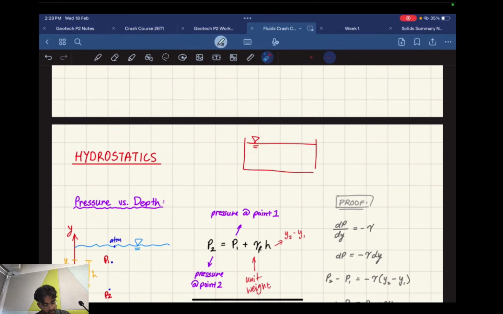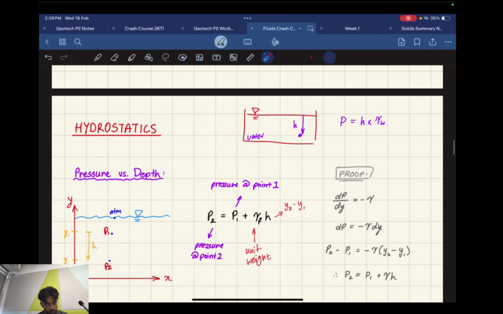So let's say you have an object here at some depth h, and let's say this is water. The pressure acting on this object is given by h times the unit weight of that fluid, which is water. That's a very basic formula, if we're taking the pressure from the top surface water level.